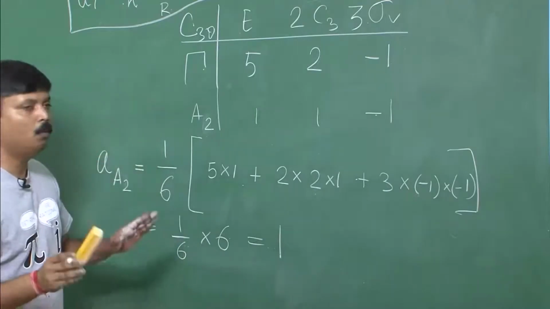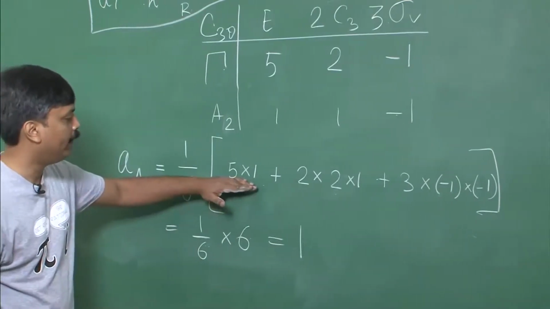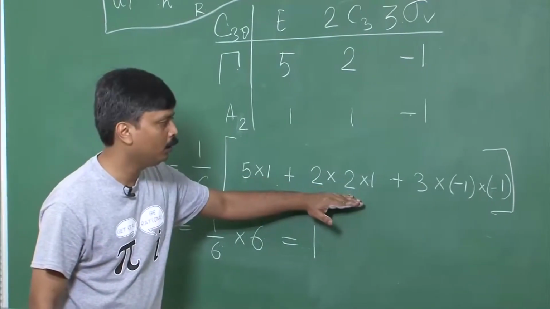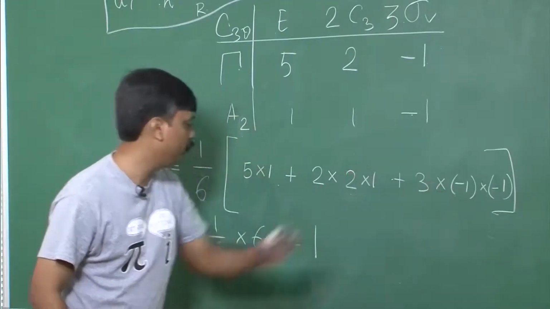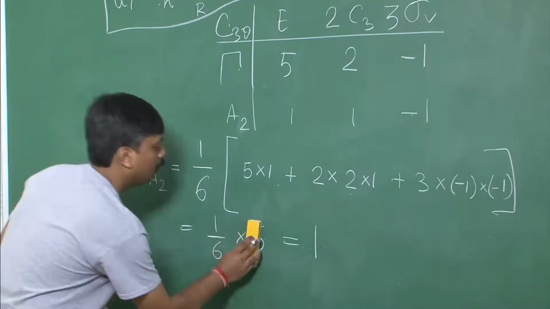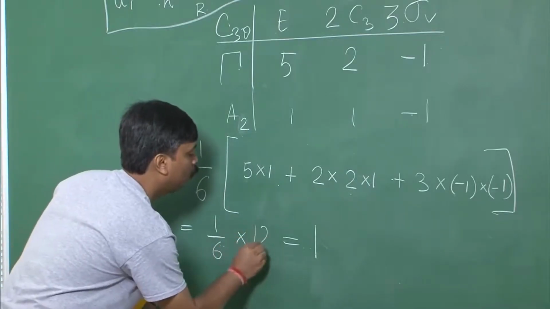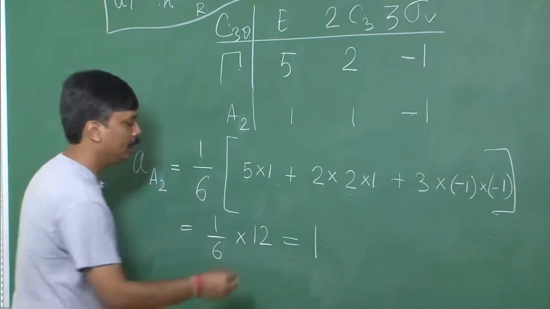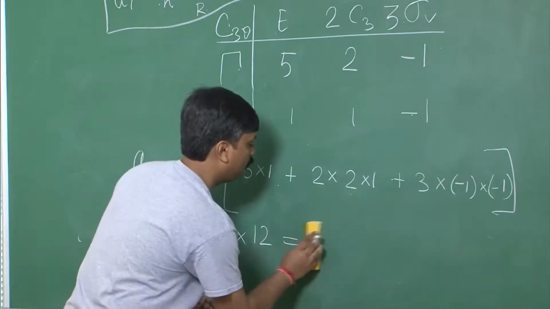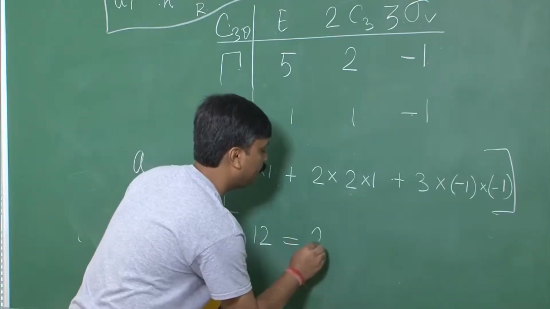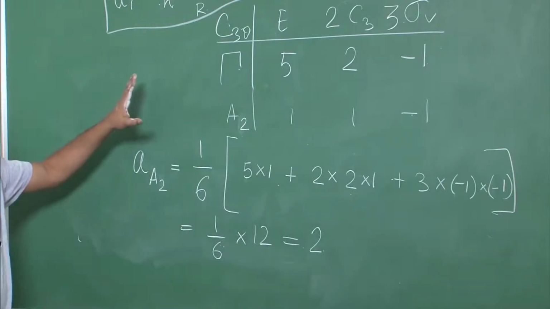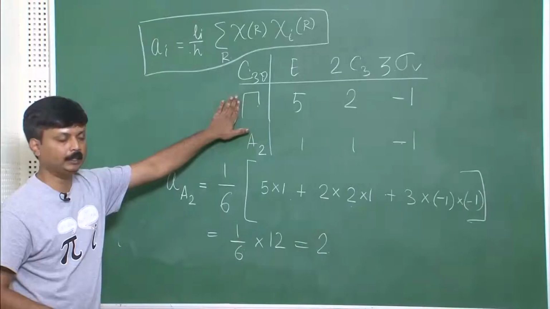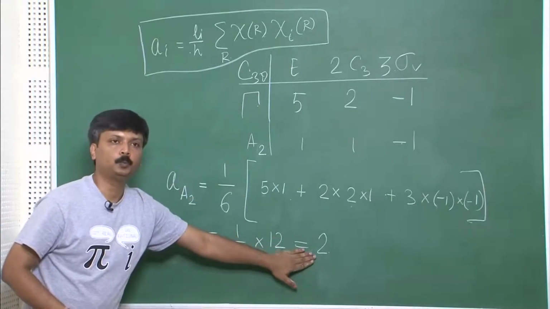So now what I have is 5 plus 4 minus minus plus, so I have plus 3. So I have 12. So for A2 I have 12, correct, and therefore the number of times A2 will be present if I reduce this particular representation is 2.